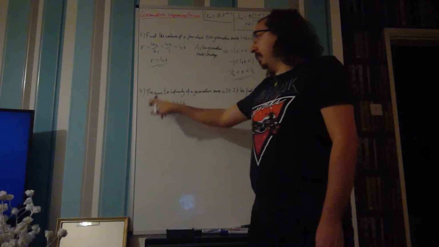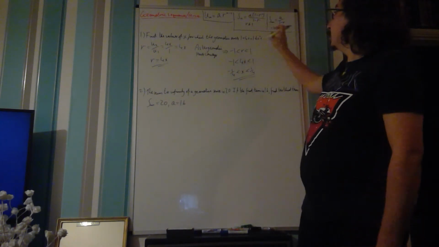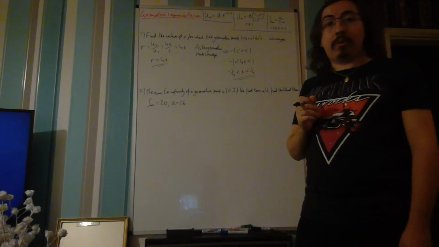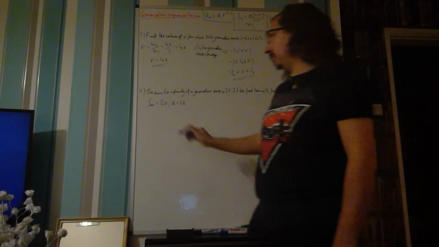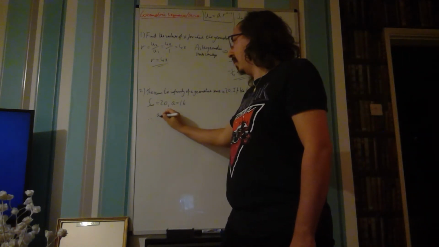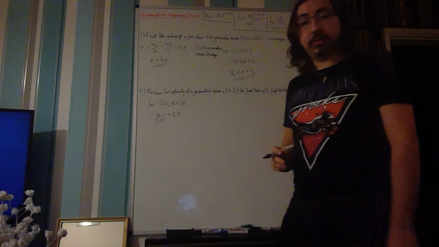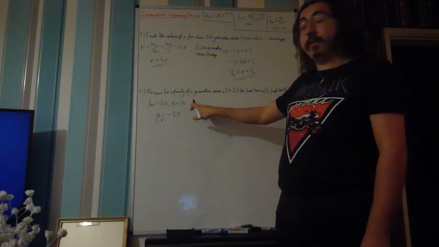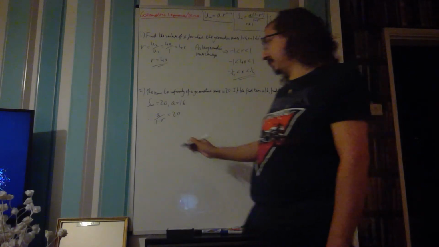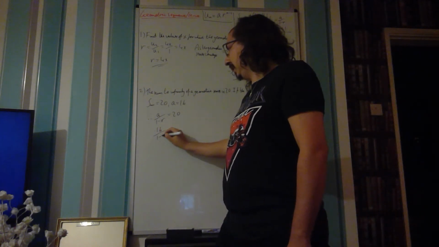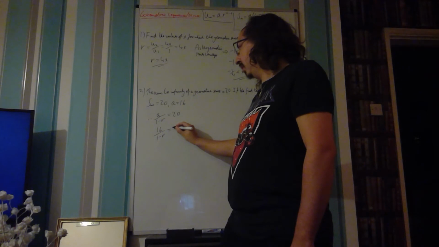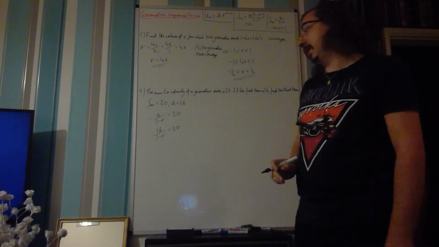So we have a formula for the sum to infinity, which we've looked at, which is a over 1 minus r. So we can use that formula and say, therefore, we've got a over 1 minus r is equal to 20. Well, we have a value for a, so we can substitute that in. So we've got 16 over 1 minus r is equal to 20.